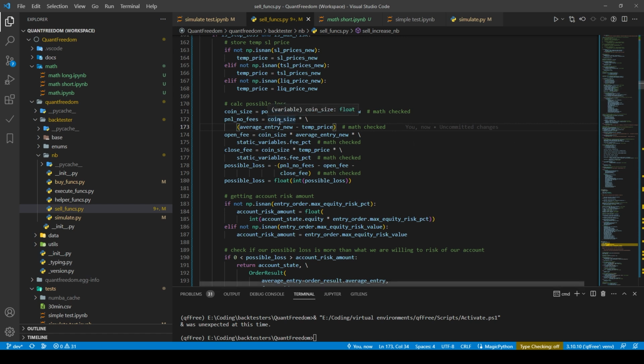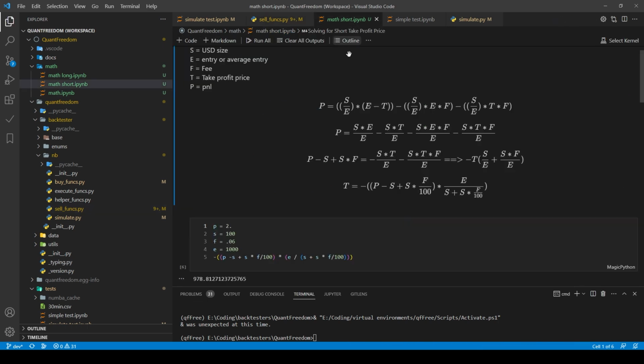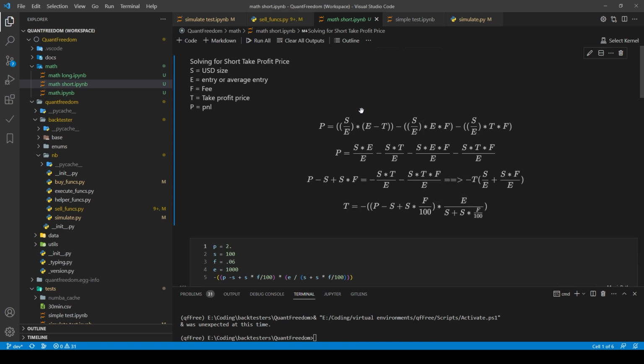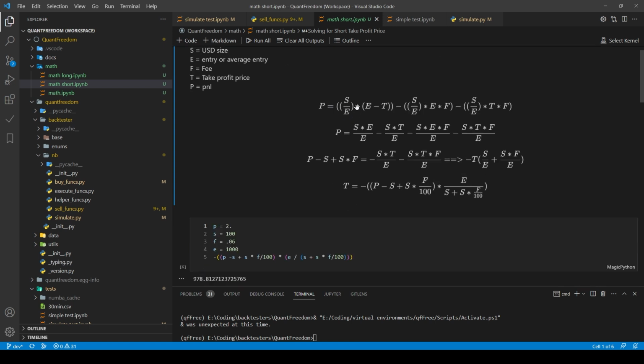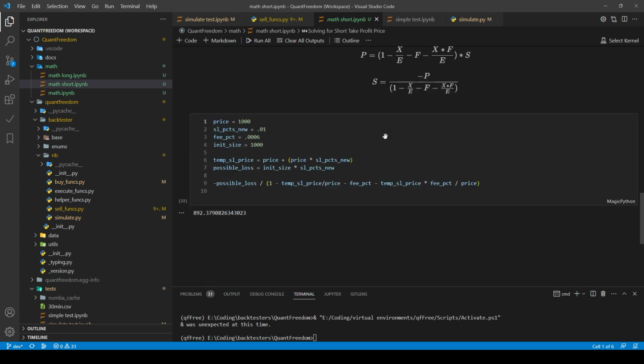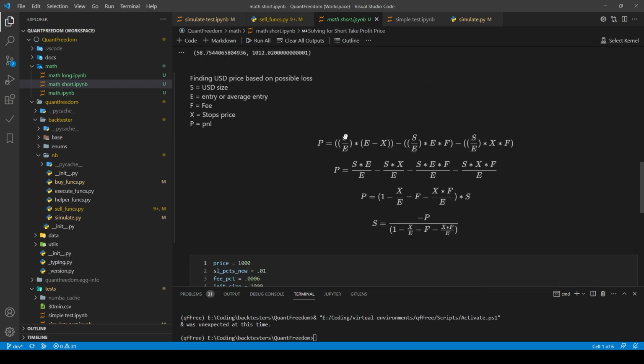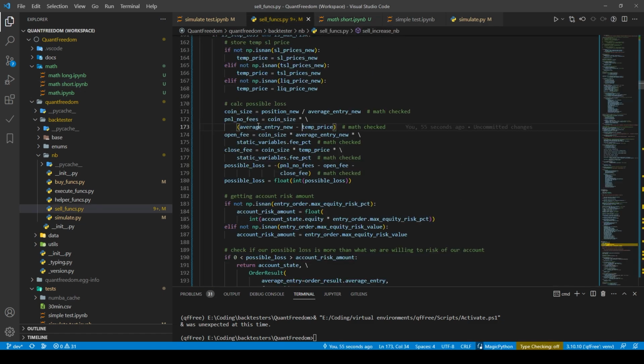It's coin size times your average entry minus your stop loss price.